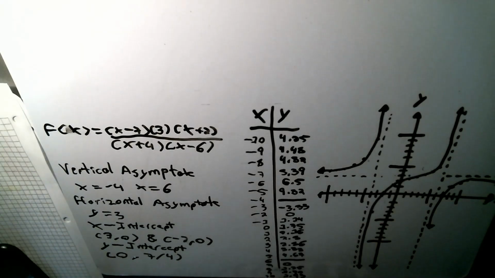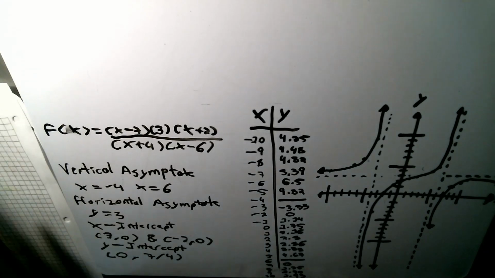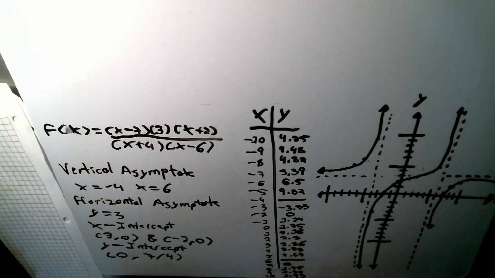Okay, now this part of the video might need to be changed after submission. The idea is that we can easily look at the graph and see when it is below the x-axis. If we are looking for the inequality f of x is smaller than 0, which I'm going to write.